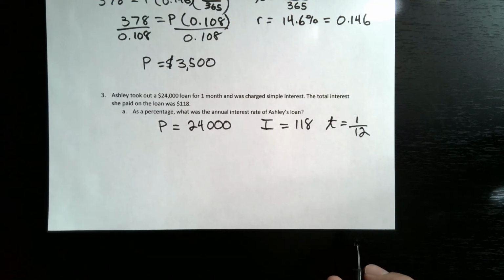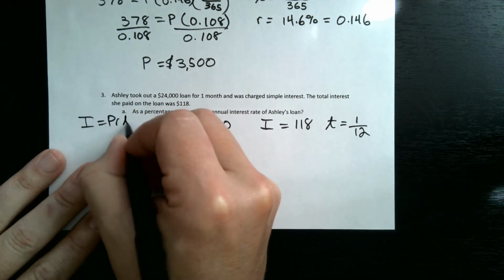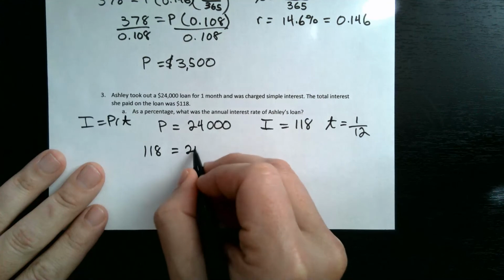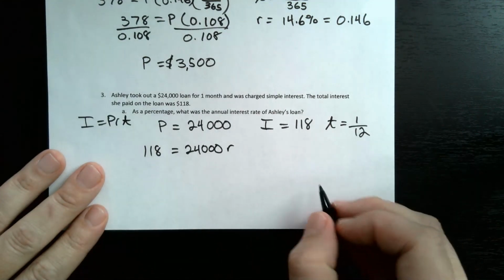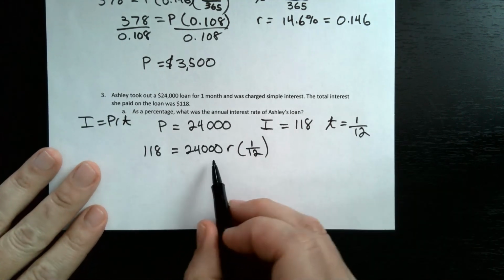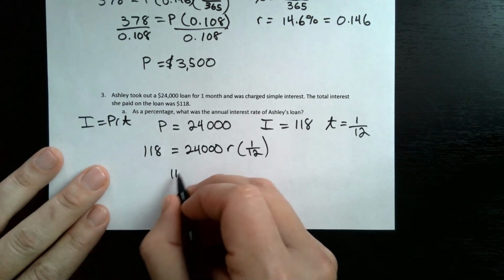Okay, so we need to figure out the percentage. I'm still using I = PRT. So we have 118 equals 24,000 times R, because we don't know what that is, times 1 over 12. If we multiply 24,000 times 1/12, that will give us 2,000.